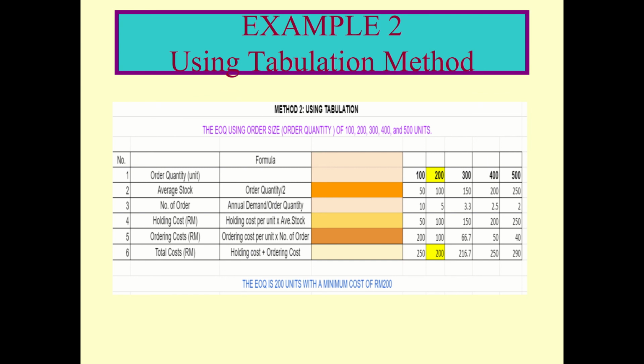Another method that we can use to find the amount of EOQ is the tabulation method. Using the same example, you need to determine the EOQ using the order quantity of 100, 200, 300, 400, and also 500 units.